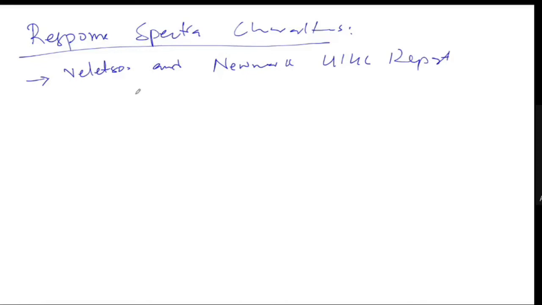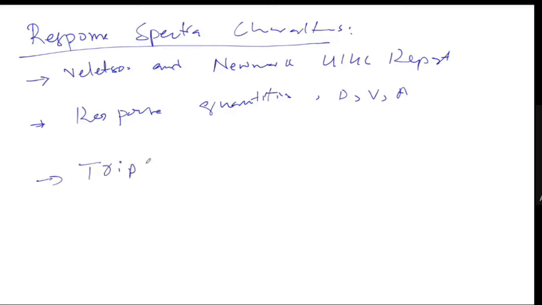And what they did is that spectra were integrated into a presentation showing all these response quantities. When I say response quantities, I mean the displacement, velocity, and the acceleration. They plotted them on a three-dimensional logarithmic graph paper, which is called tripartite.